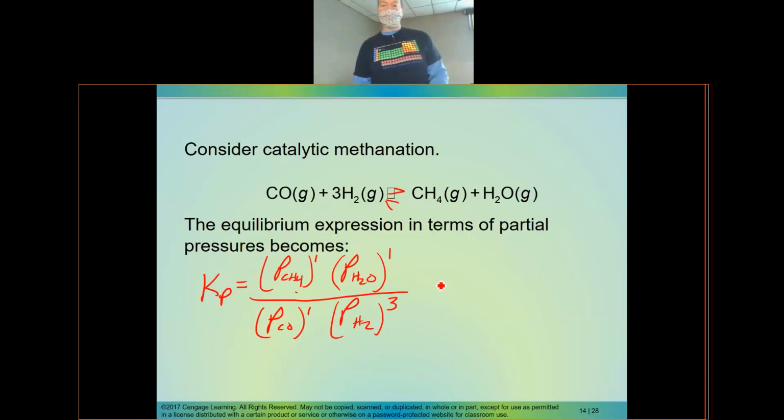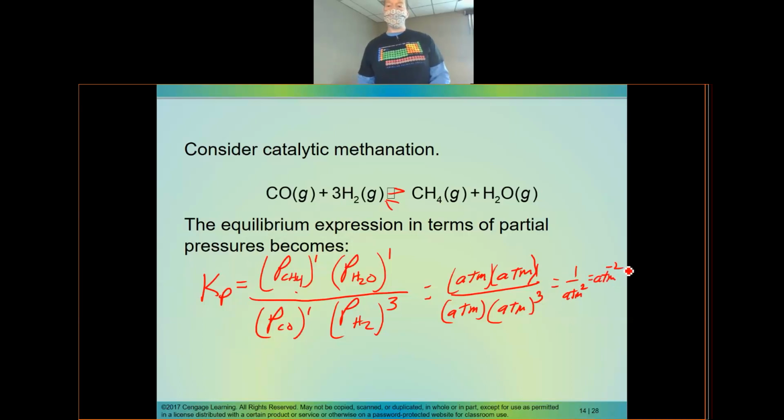So when we do a units check here, you're going to have atmospheres, you're going to have atmospheres, just like we had molarity and molarity. This is Kp, we're having atmospheres and atmospheres. And on the denominator, we have atmospheres, and then we have atmospheres to the third. All right, so the units for this one is 1 over atmospheres squared, or atm to the minus 2.